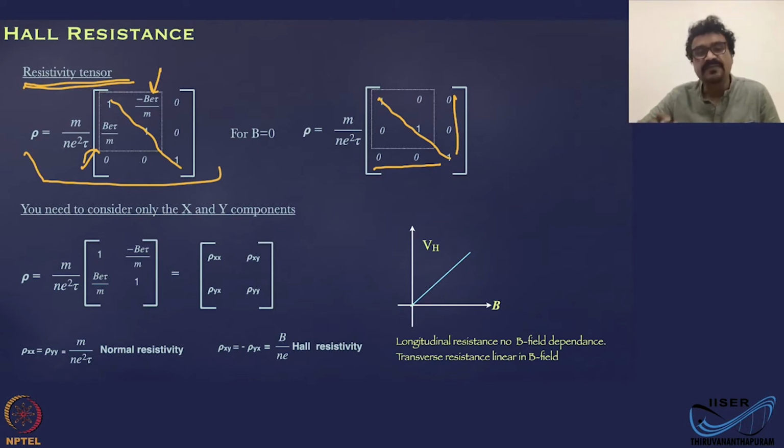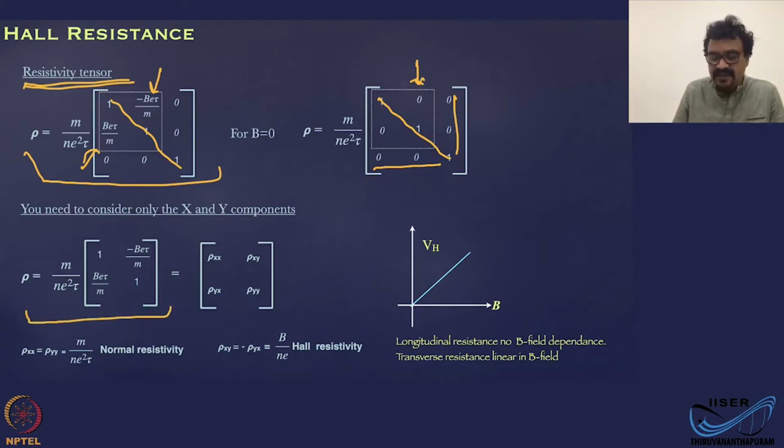So for the time being, to ease the discussion, we can ignore that and just take the 2 by 2 matrix here. And that resistivity is given by m by ne square tau into this matrix inside, of the form rho xx, rho xy, rho yx and rho yy.